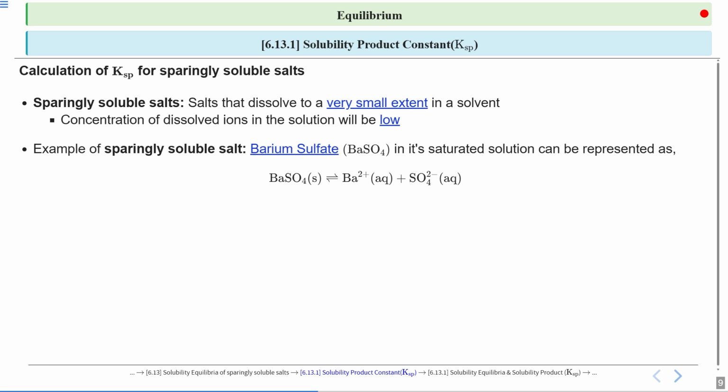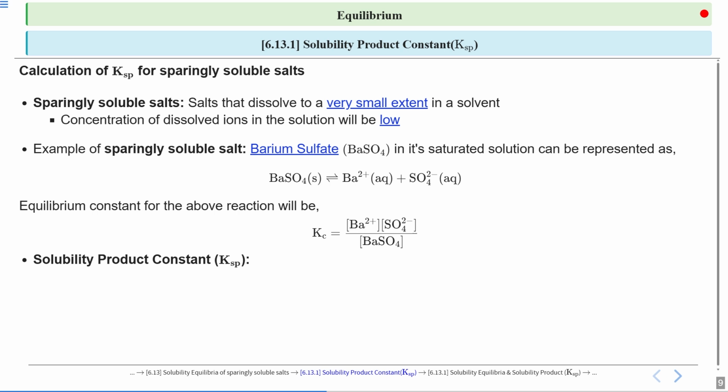Then, if you are calculating the equilibrium constant for the above reaction, that will be written as Kc equals the concentration of barium 2+ multiplied by the concentration of sulfate, divided by the concentration of barium sulfate, right? Further, if you are trying to define the solubility product constant, it's very simple. You will simply take the concentration of the dissolved ions in the saturated solution. What else is left? Your excess amount of barium sulfate is left, right?